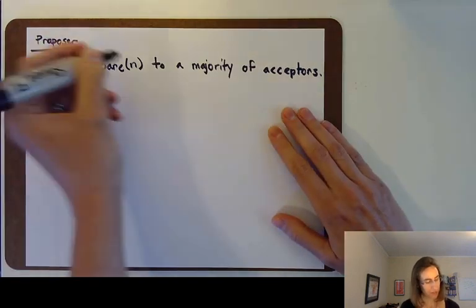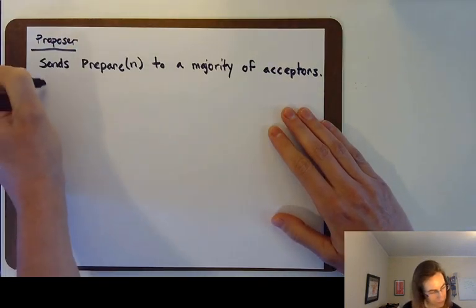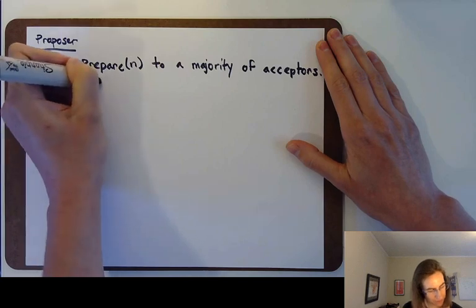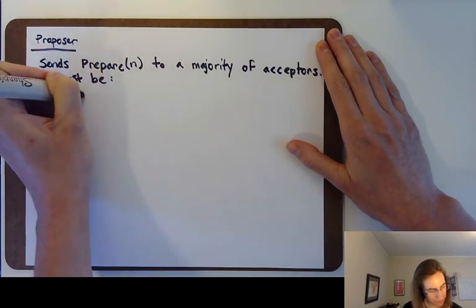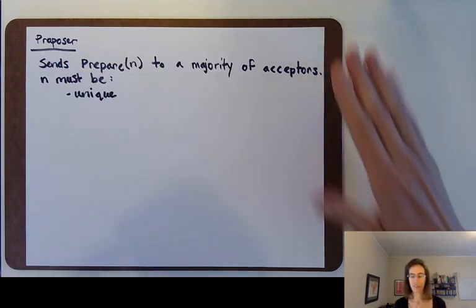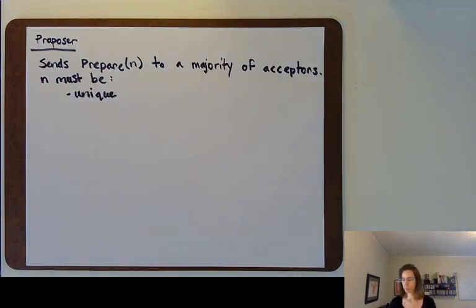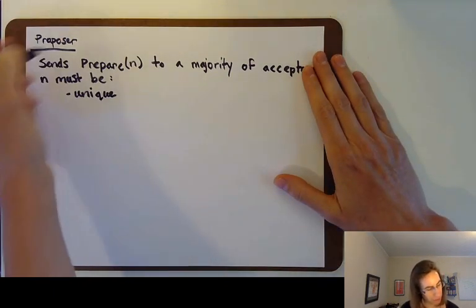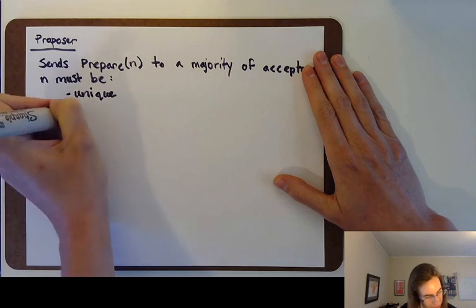So n has to be unique. Nobody else can send that particular proposal number. It must be unique. And furthermore, it has to be higher than anything that particular proposer has tried before.